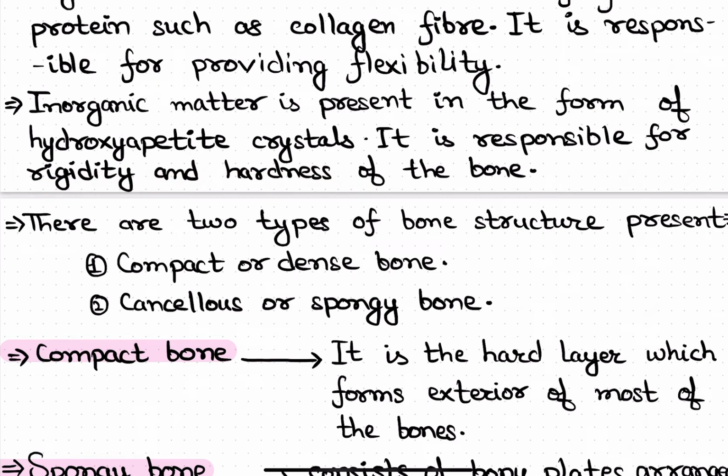So the rigidity and hardness of a bone is due to the presence of certain inorganic substances, and the example of that inorganic substance is hydroxyapatite crystals. What does the organic substance in the bone provide? It provides flexibility. And what does inorganic provide? It provides rigidity and hardness.